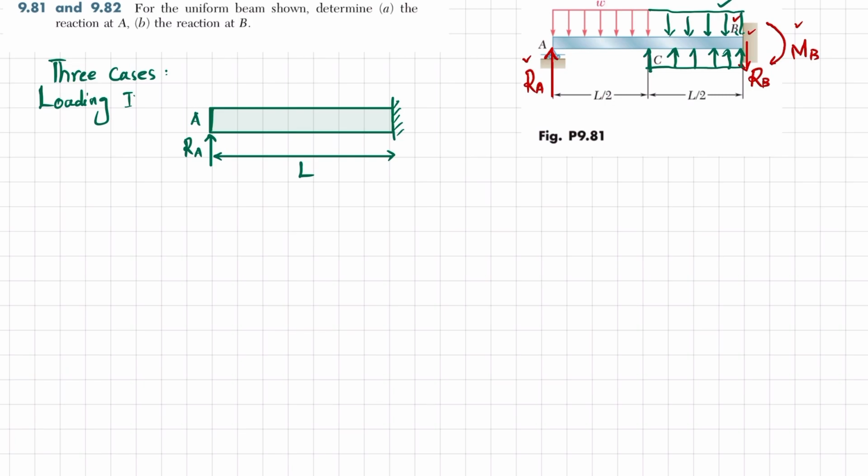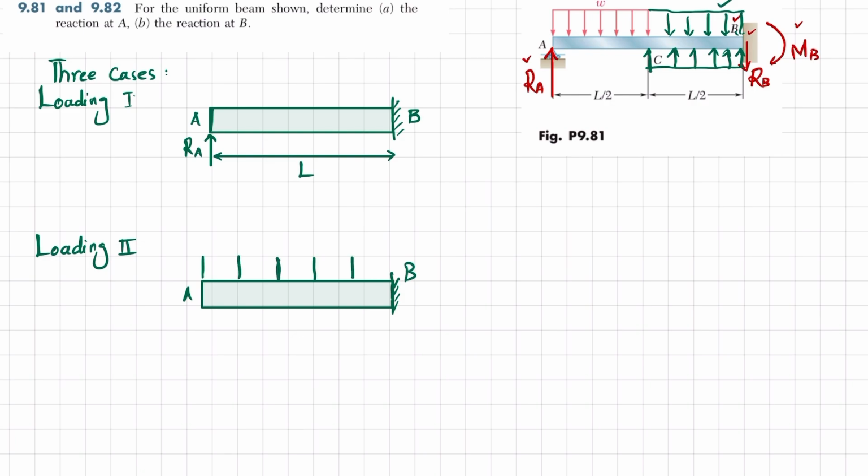This is point A and this is point B. Similarly we will take loading 2. Loading 2 will be like this. If this is the beam, this is point A, this fixed support is point B, and there is a distributed load on it.